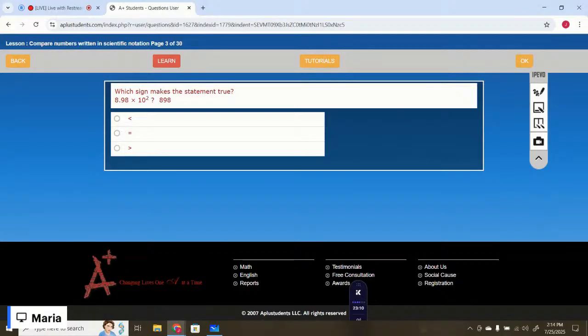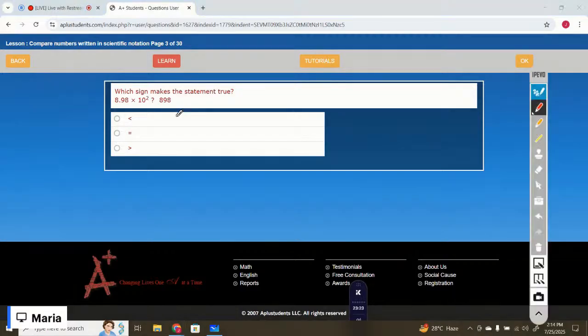Which sign makes the statement true? 8.98 times 10 exponent 2 and 898. 898, move the decimal point 2 places left. 8.98 times 10 exponent 2.